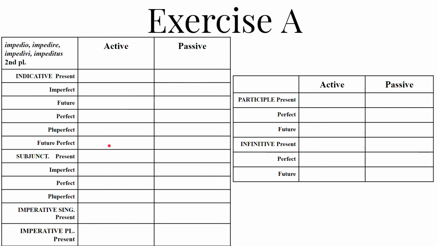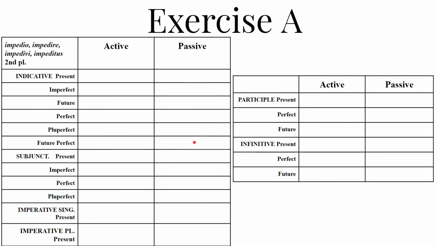Passives use the fourth principal part, impeditus, a, um, but we're dealing with a plural person, so change it to plural: impediti, ae, a. So impediti, and then add estis. Sum, es, est, sumus, estis, sunt. Impediti estis, impediti eratis, impediti eritis.